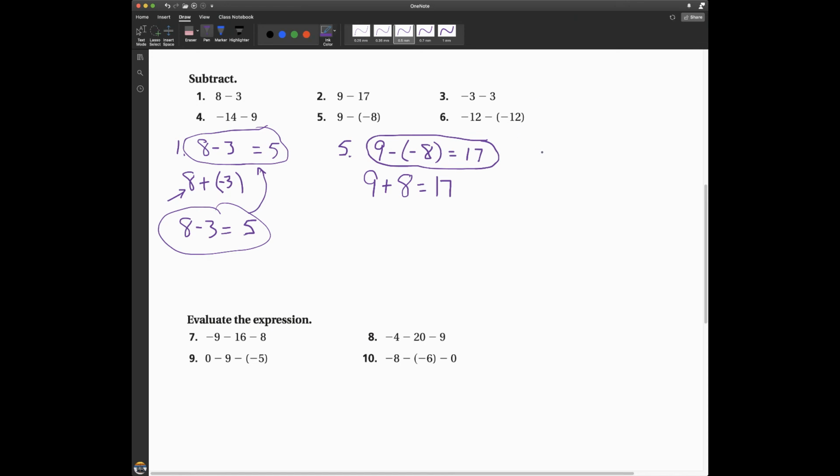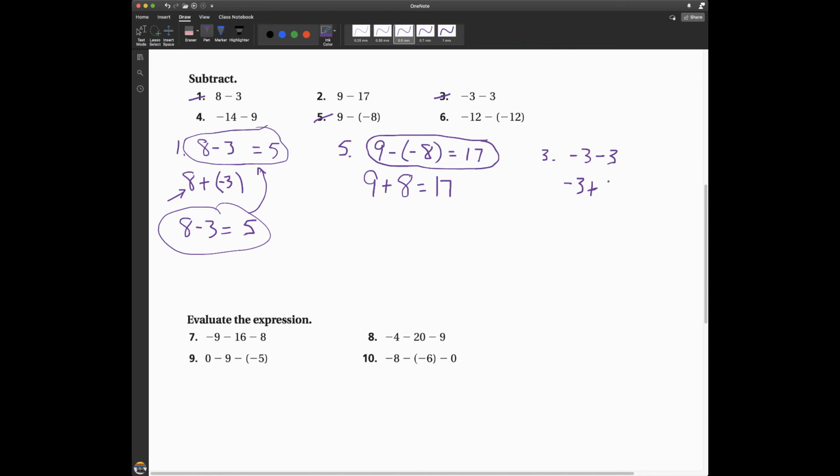Let me jump around. Let me look at problem number 3. So I have worked out problem 1, 5, and 3. Let me write the problem down. Negative 3 minus 3. Let me add the opposite. So step 1, write down the first integer. Step 2, change the sign from subtraction to addition. And step 3, write the opposite of the number that you see.